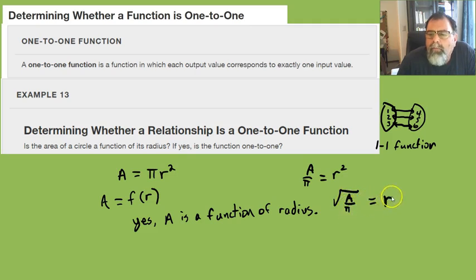But remember, we have to do plus or minus. But since a circle's radius can only be a positive number, we can throw out the minus part and say yes, it's a one-to-one function, because radius has to be positive. This is a physical object. It can only have a positive number for r. So yes, one-to-one.